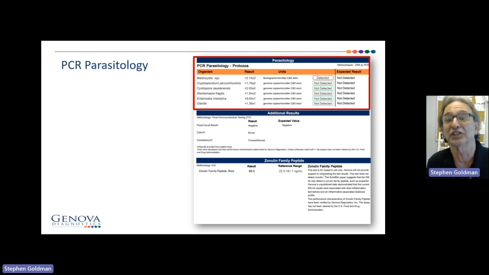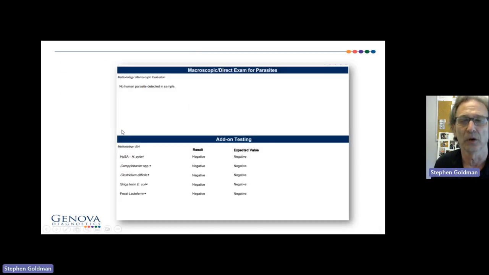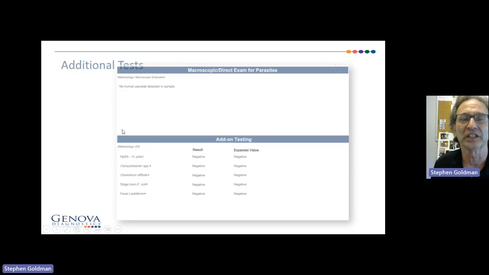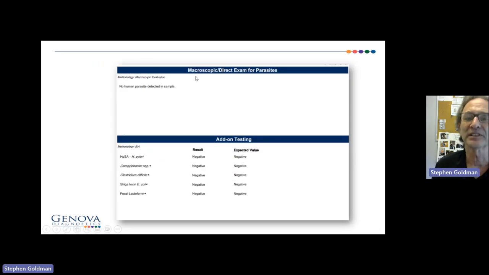And then we have, as I mentioned, the occult blood as an add-on to zonulin. And these are other additional tests. The macroscopic exam, I think, is a great one. When we get the stool, if you give us, say, the 3 stools, we will take a piece off the 3rd day, put it aside for the DNA, and then we'll blend and filter the rest and look under the microscope.